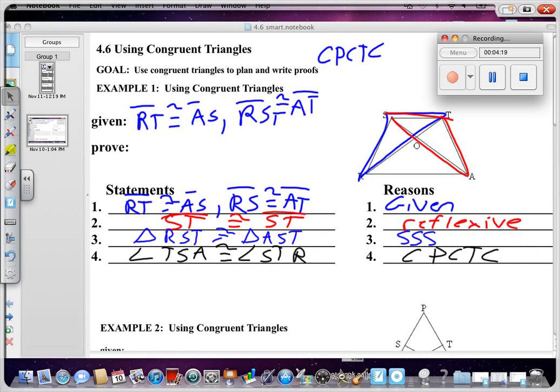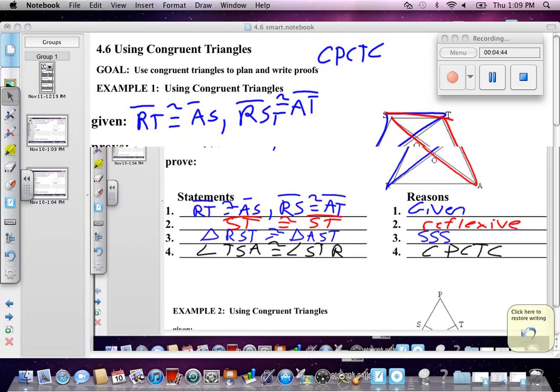What does CPCTC mean? Corresponding parts of congruent triangles are congruent.